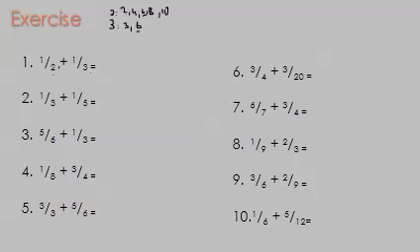That means I have to multiply the first fraction by 3 and the second fraction by 2. That means the first fraction will become 3 over 6 plus 2 over 6. So what do I get here? I get 5 over 6.